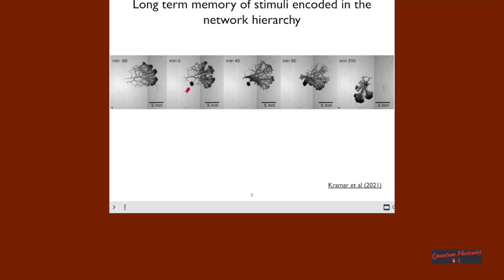But this memory formation, this imprint of a stimulus into the network morphology is not something which is unique to just the network of this organism, which is basically a flow network, but this is also seen in our blood vasculature as well.